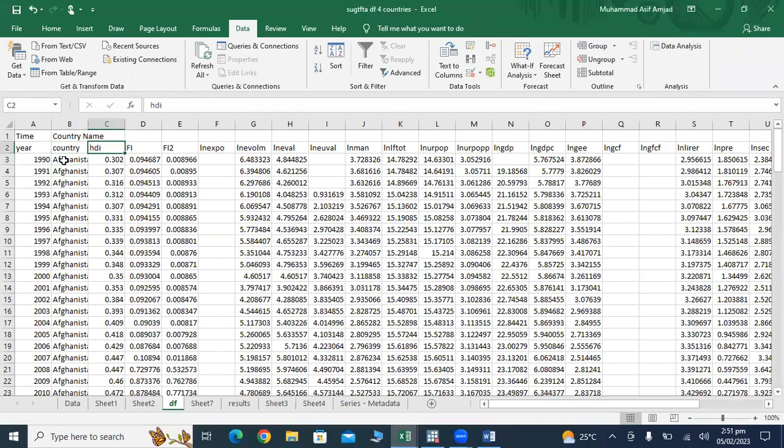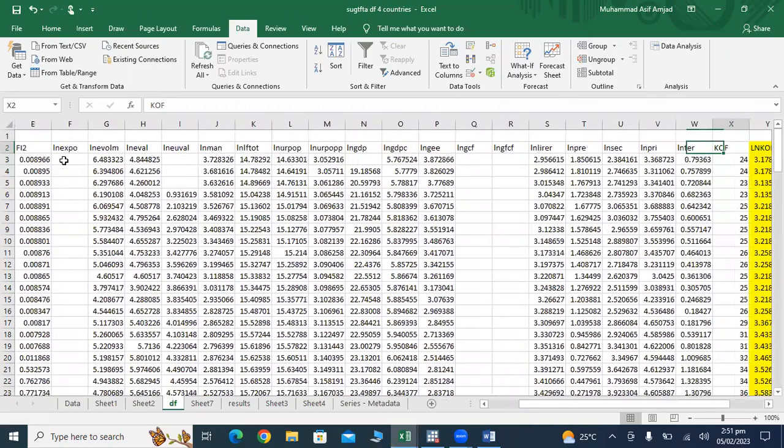As I discussed, HDI is my dependent variable, then financial inclusion, financial inclusion square, export, and these are the different proxies of the exports. Then labor force, urbanization as a percentage of total population, GDP, and many other variables.